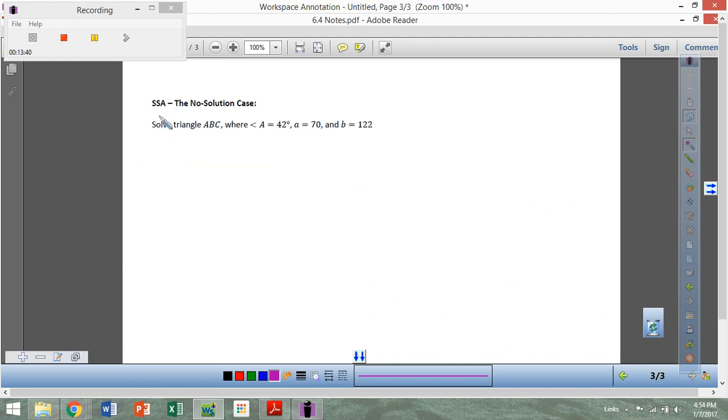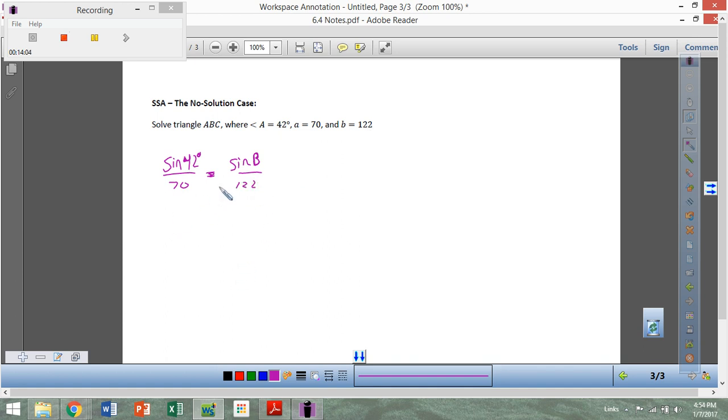Okay, so then it also says we could possibly have this given information of side-side-angle where there is no such triangle that gives us that. And the work here is going to be pretty quick. Again, I'm going to try to do this the same way I've been doing all the other ones. The sine of angle A is to the side length A as the sine of angle B is to side length B, 122.